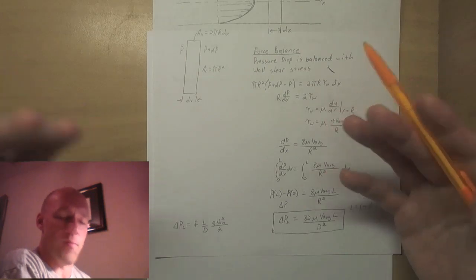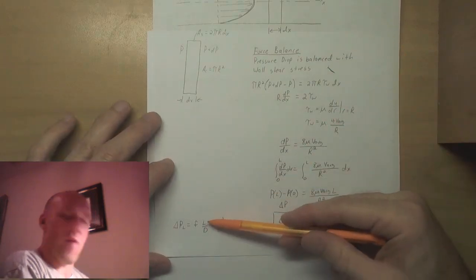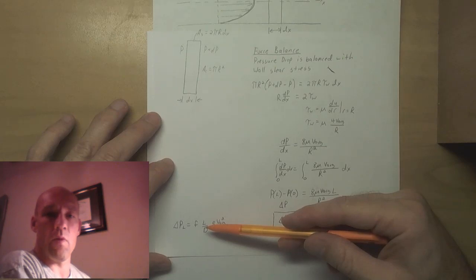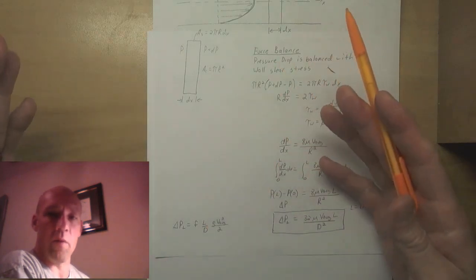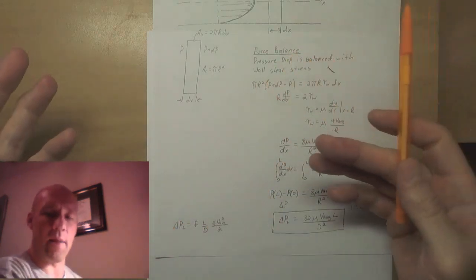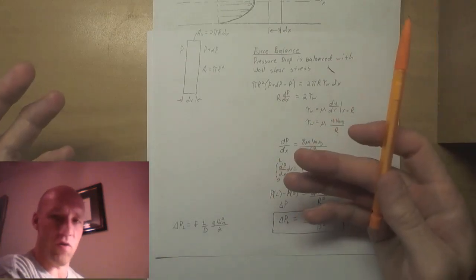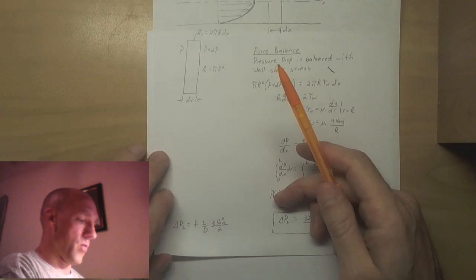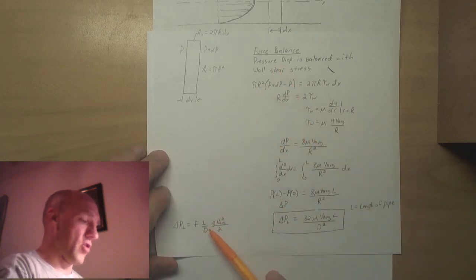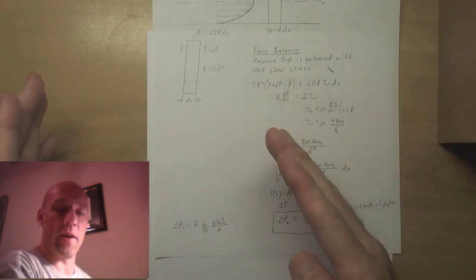We want to take situations evaluated in a very small laboratory environment and extrapolate them up to very large scale, pumping oil across the country sort of thing. And to do that, we cast everything in non-dimensional form.